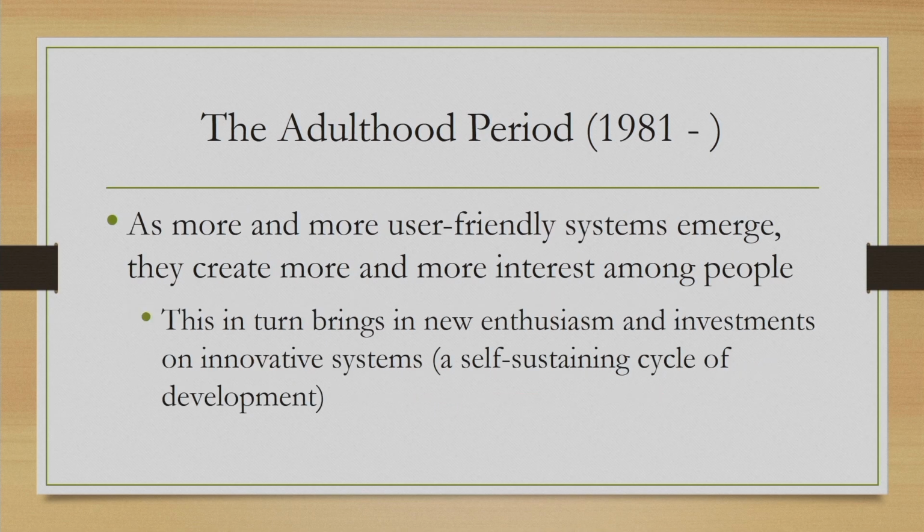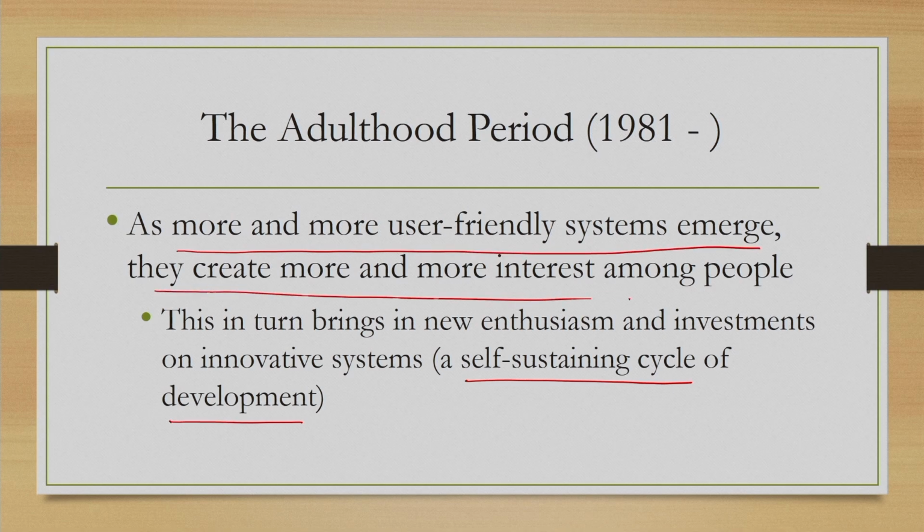One thing happened during this phase. A self-sustaining cycle of development emerged. What is that? As more and more user-friendly systems emerge, they create more and more interest among people. In turn, that brings in new enthusiasm and investments in innovative systems.